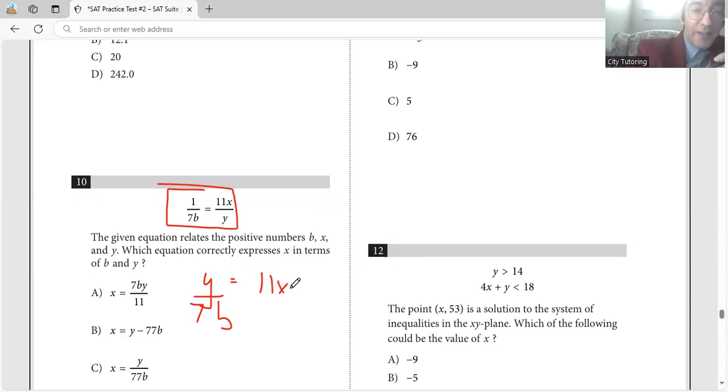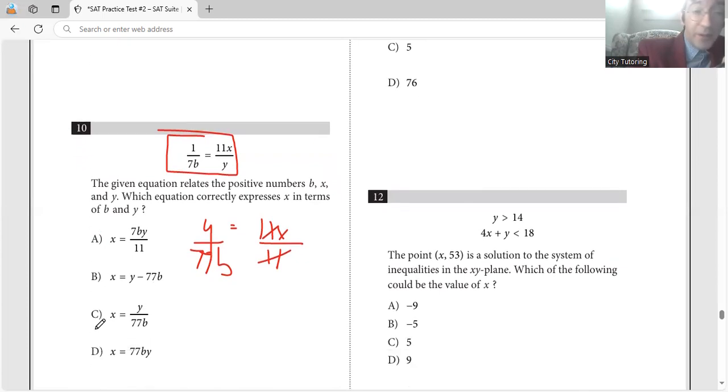If I want to isolate x, I have to divide on both sides by 11. That gets rid of that, and I'm left with 11 times 7, which is 77. So the only possibility here is answer choice C. That's the only way you could do this.